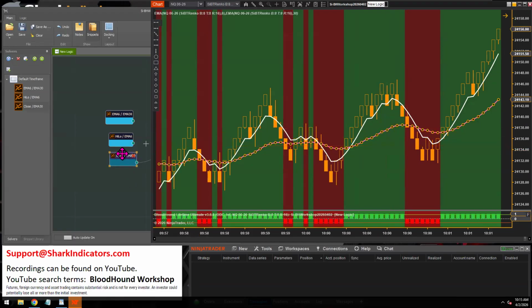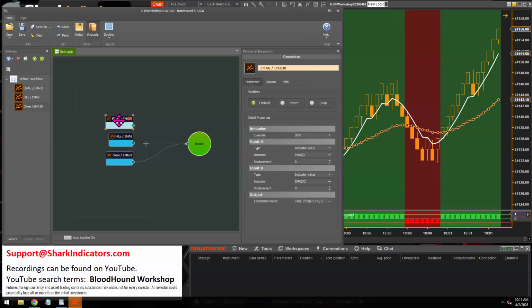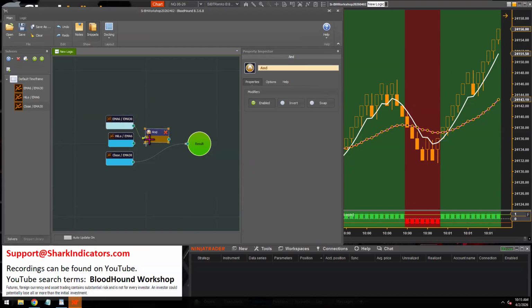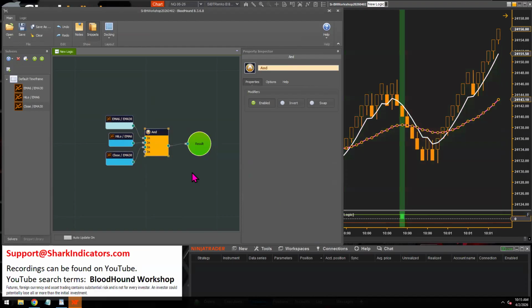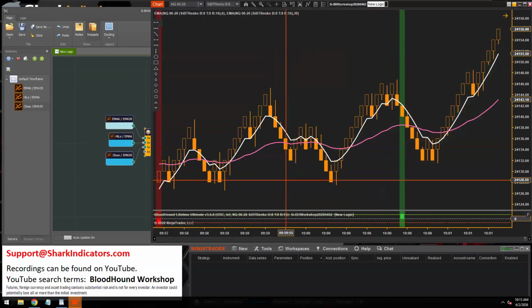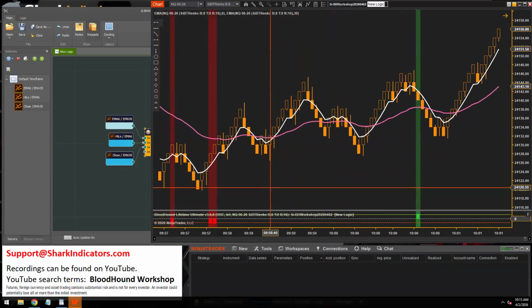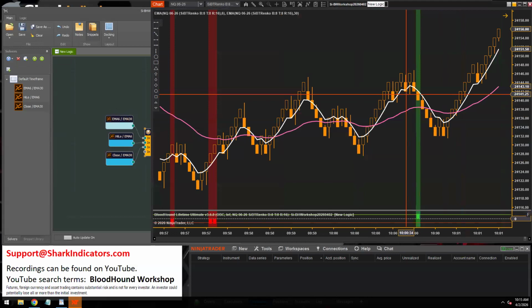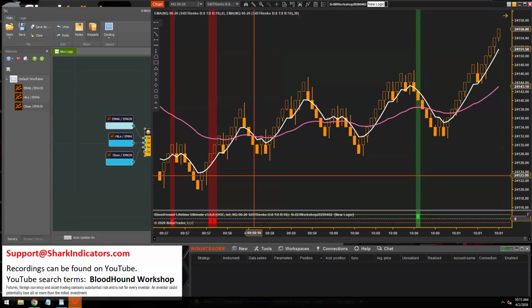All right. So now we have all of our filters in place, and so let's start plugging these into the AND node. And so this basically is the setup here. All right. So we started to have a setup for a long, but then price went too far down.